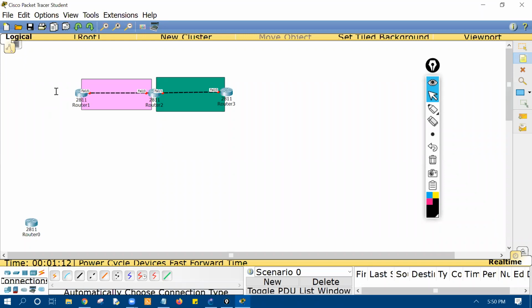There's one route, 1.0.0.0/8, and this is the 3.0.0.0/8 route over there. So this is the LAN network behind this router, and this router is present in area number 1 and this router is present in area number 2. At the same time, I'm going to do the same on the other routers.